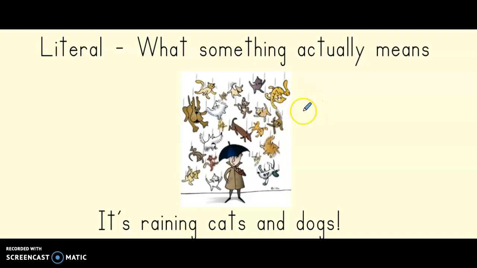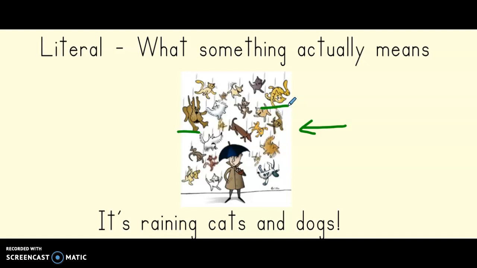Now take a look here in this picture. This picture looks a little bit funny because the phrase at the bottom is, "It's raining cats and dogs." Have you ever heard that phrase before? I know I've used that phrase before. If I mean that in a literal way, that would mean that dogs and cats would be actually falling from the sky.